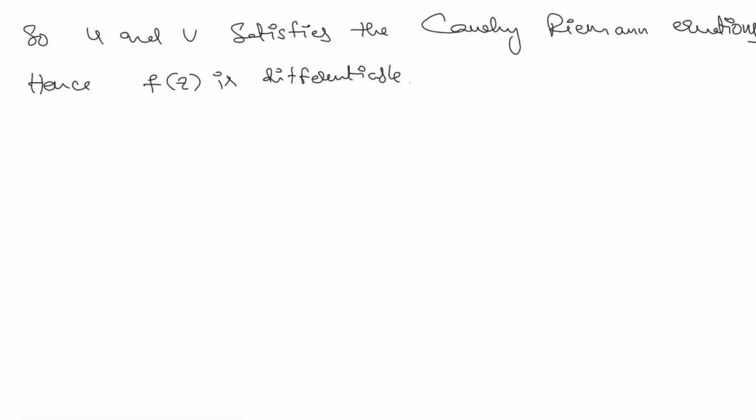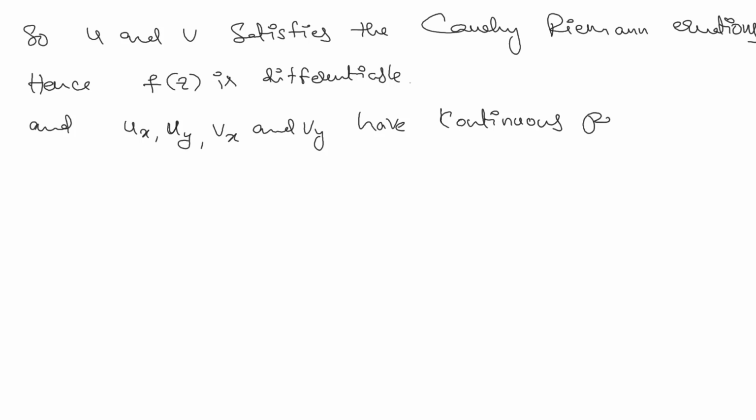So we can say ux, uy, vx and vy have continuous partial derivatives, and hence, here we are dealing with g of z.